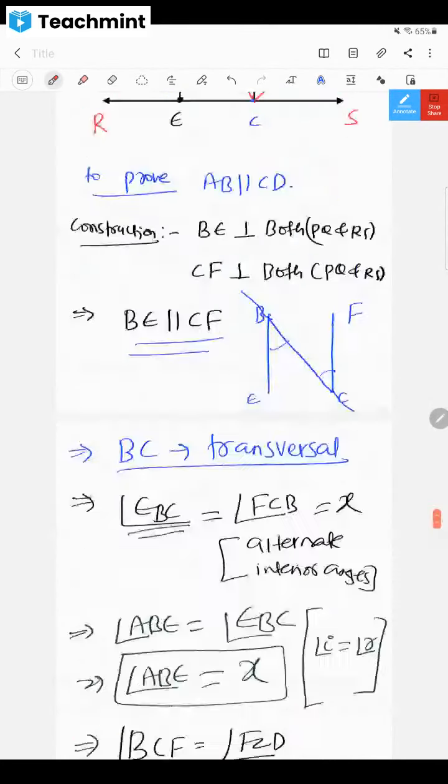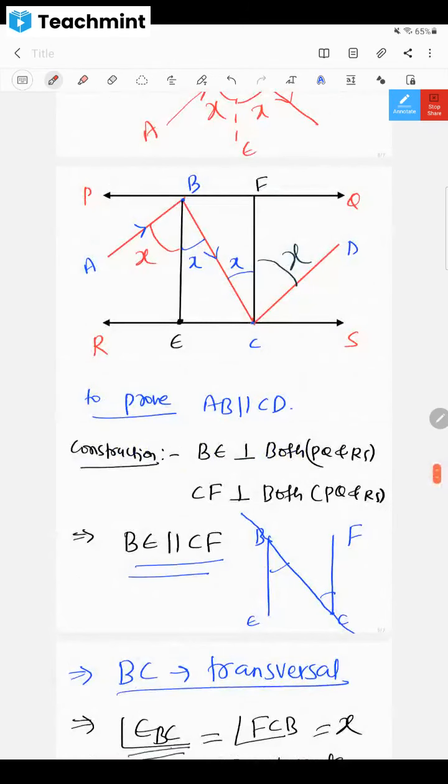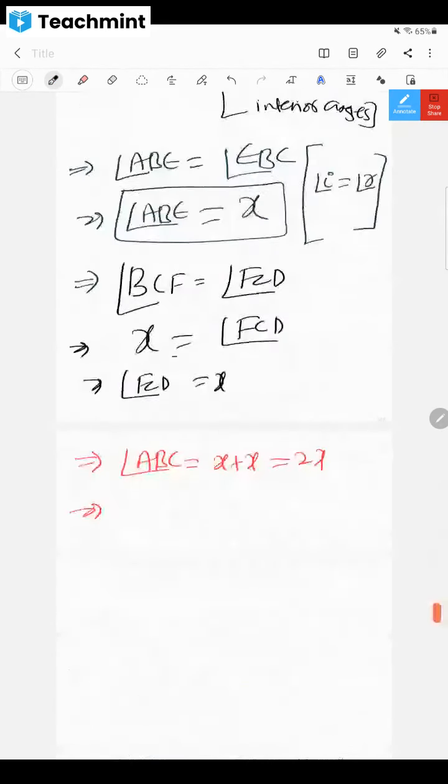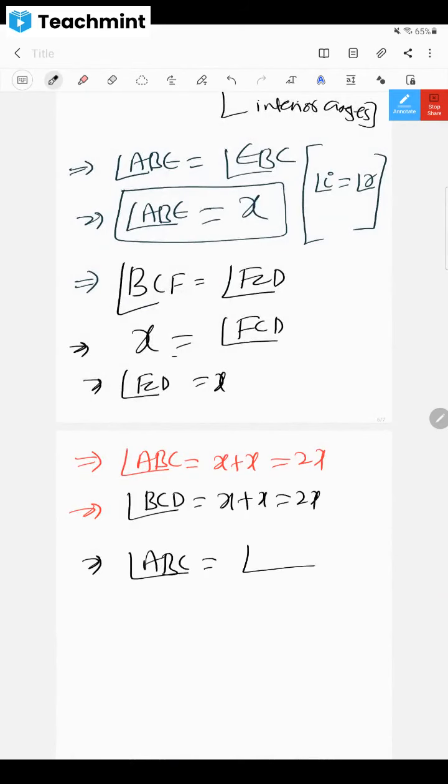Then similarly, what is the value of angle BCD? Angle BCD, X plus X, 2X, no? So that angle BCD is also equal to X plus X, that is equal to 2X. Now, can I say that angle ABC is equal to angle BCD?